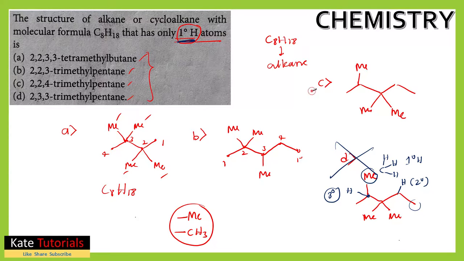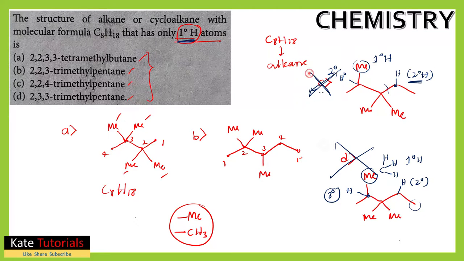Talking about option C, I told these methyl hydrogens are primary. This hydrogen is also primary, but this hydrogen is secondary, and they have asked only primary hydrogen. So this is also not the option. This hydrogen is secondary because it is attached to a carbon attached to two carbons.